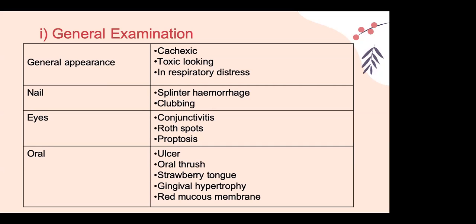Next we go to the mouth, where we look for oral ulcer for SLE, and oral thrush, to indicate that this patient might have oral candidiasis. And then strawberry tongue for Kawasaki, gingival hypertrophy for leukemia, and red mucous membrane for Kawasaki.